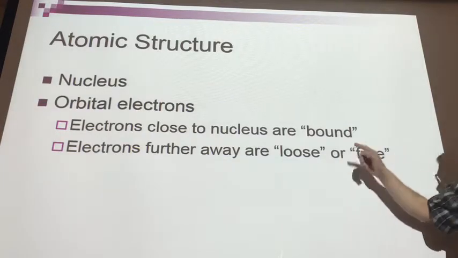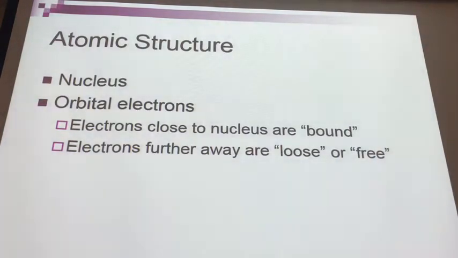Electrons farther away are called loose, or free by some people. Loose because the binding energy they have is not as strong, so it is easier for them to be removed, and that's why the name loose or free. So far, so good?